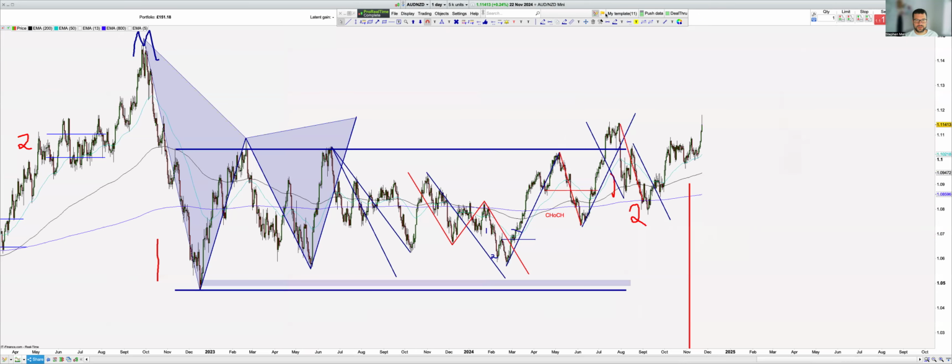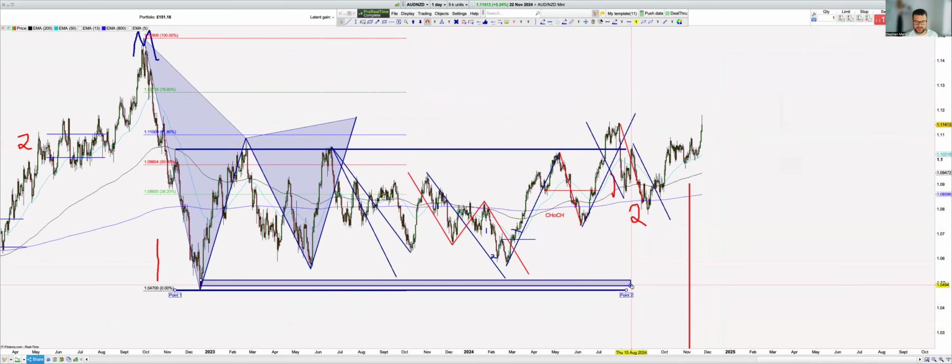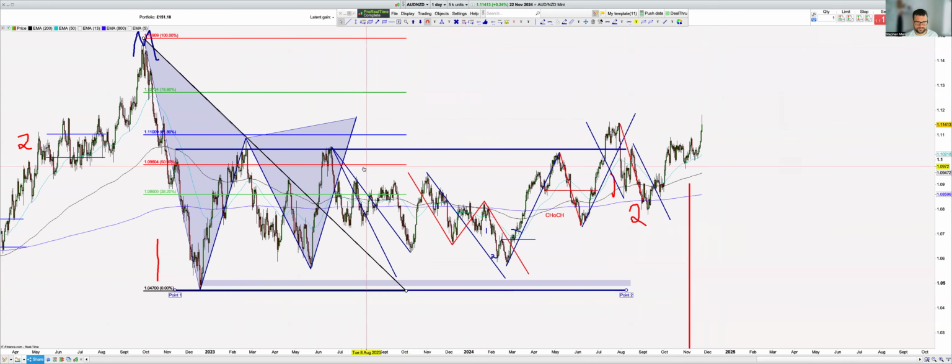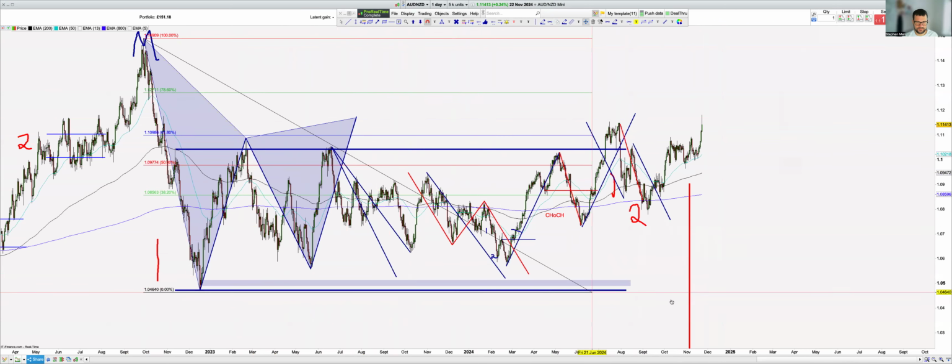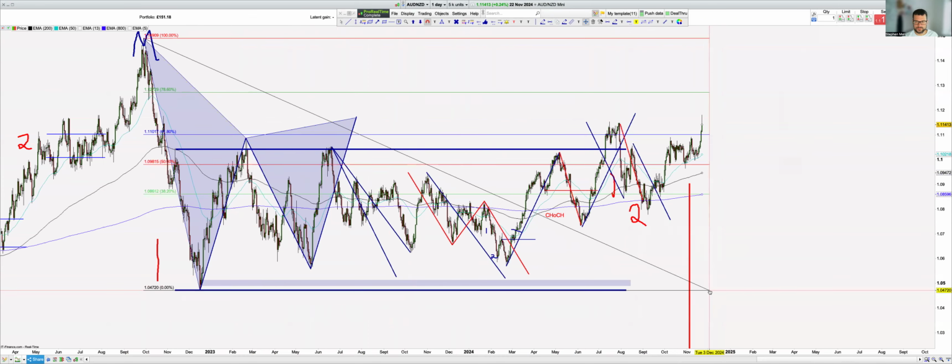So ABCD, and then let's measure where D comes in. So D's at the 50% at the minute, but this new move here further completes that. So that's gone through the 61.8% here and here.